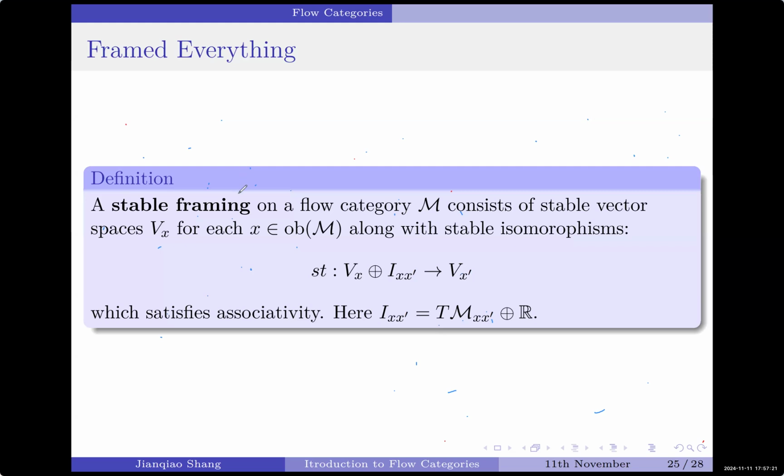So a stable framing is a direct sum of, just like in the Morse case, where your Vx is the tangent space of M minus the direction W unstable P. Yeah, so in the Morse case, your Vx is this.